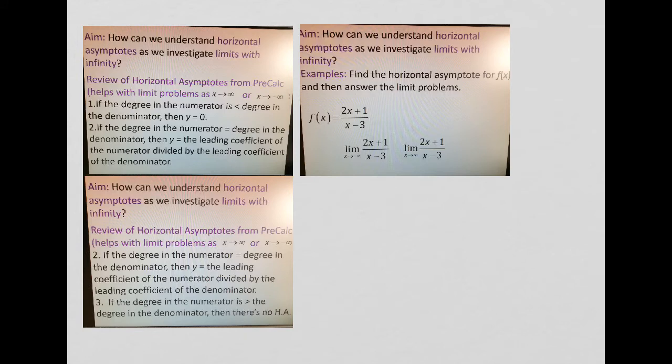Okay, so here's our example problem, and it may look familiar, but we're going to find the horizontal asymptote for f of x and then answer limit problems. So for f of x, we see it's a rational function. There's a polynomial in the numerator and a polynomial in the denominator. So if we do see x, it's x to the first power.